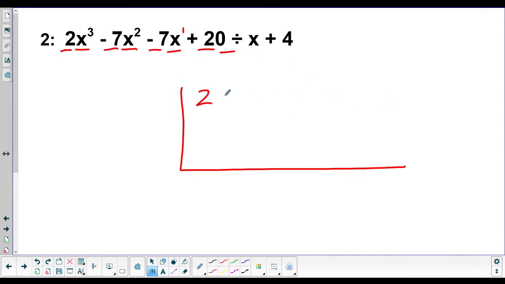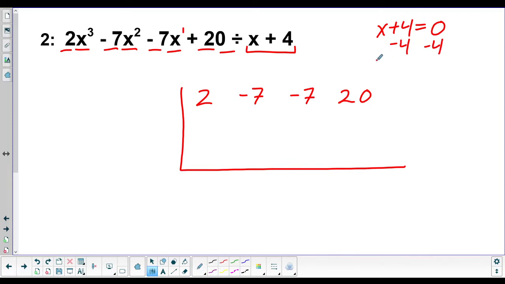So 2, -7, -7 again, 20. Now we have to figure out what number goes here. So we take the thing we're dividing by, set it equal to 0, solve for x. X equals -4. This is the number that goes on the outside.